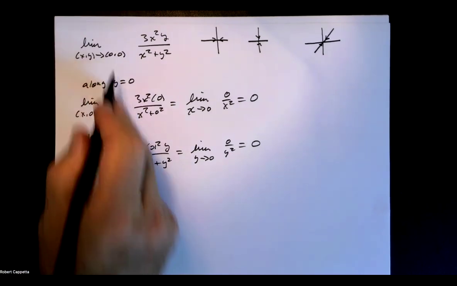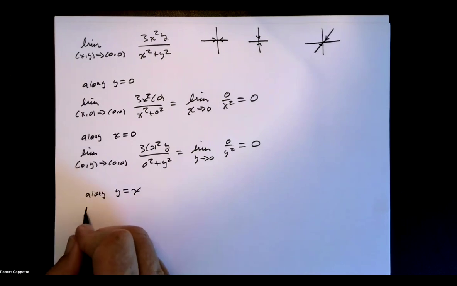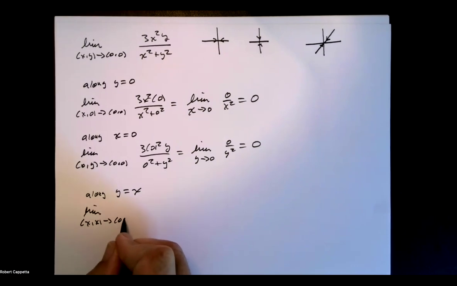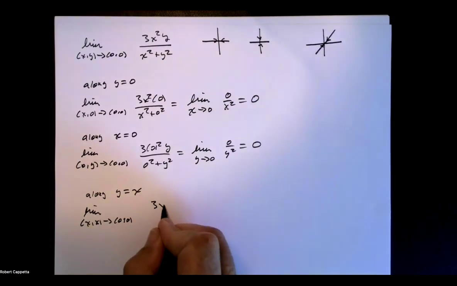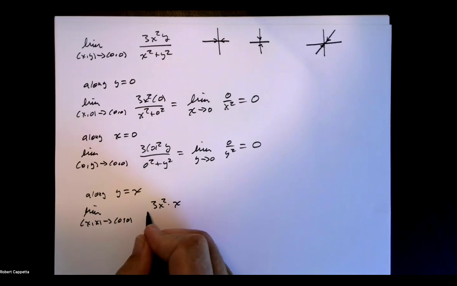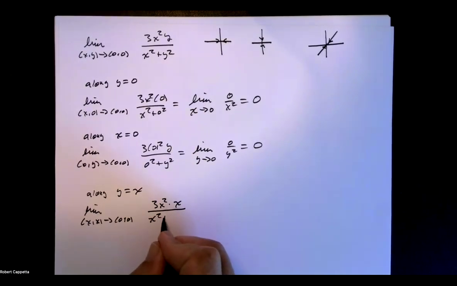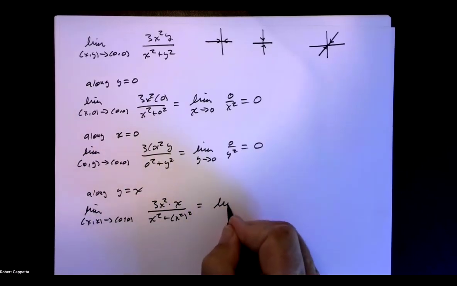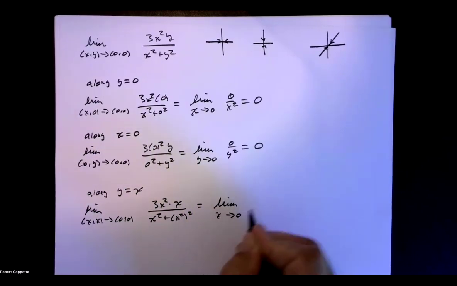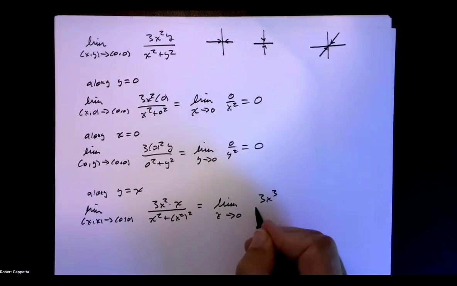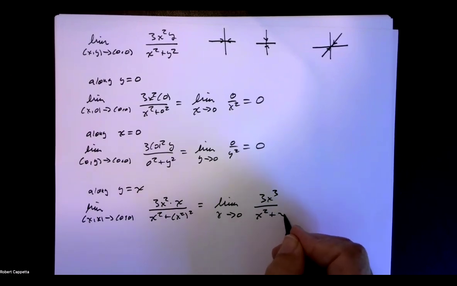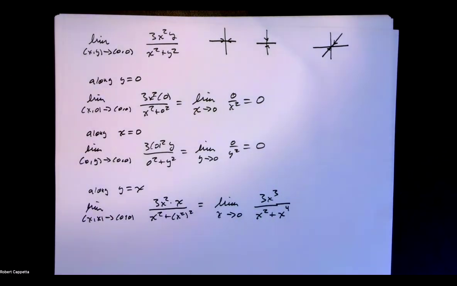So (x, y) approaches (0, 0), but this time y equals x. So we're going to write that as the limit as (x, x) approaches (0, 0) of 3x squared times x over x squared plus x squared squared, which is the limit as x approaches 0 of 3x cubed over x squared plus x to the 4.